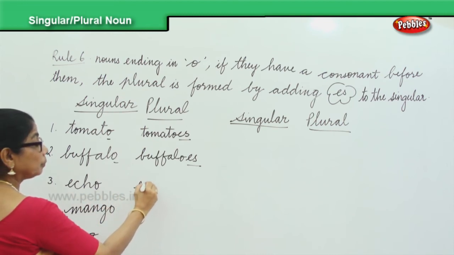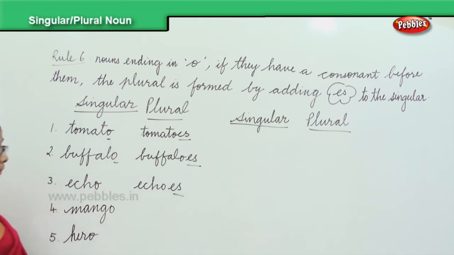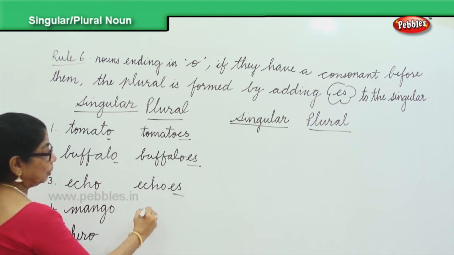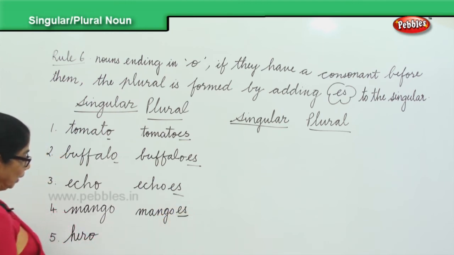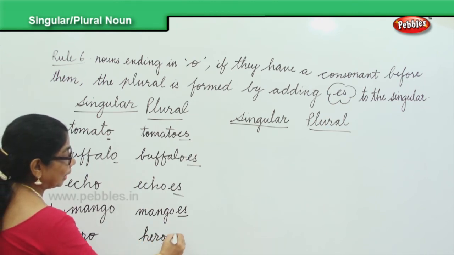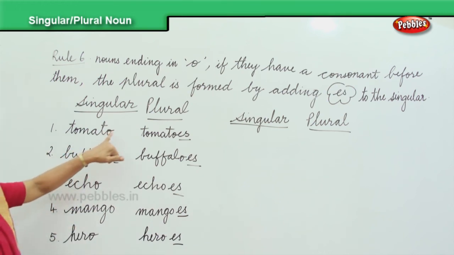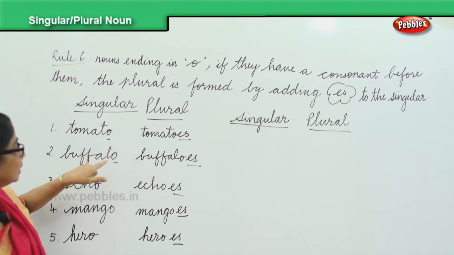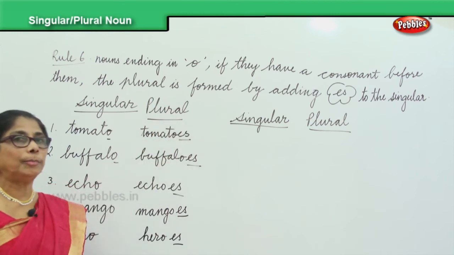Echo, echoes. Mango, mangoes. You add es to form the plural. Hero, heroes. So the rule says any noun ending in O and there is a consonant before the O, you add es to form the plural form.